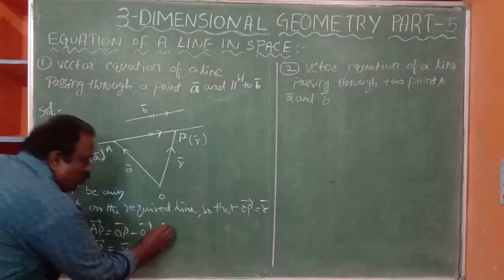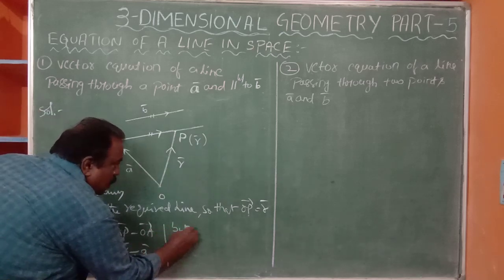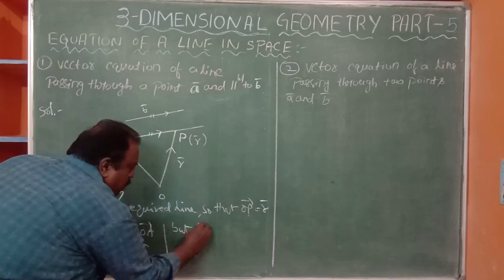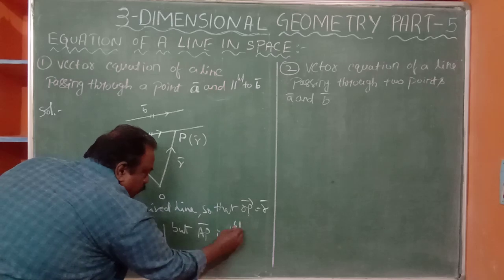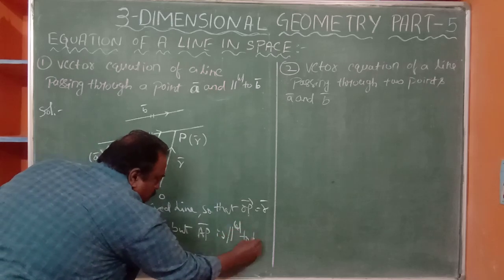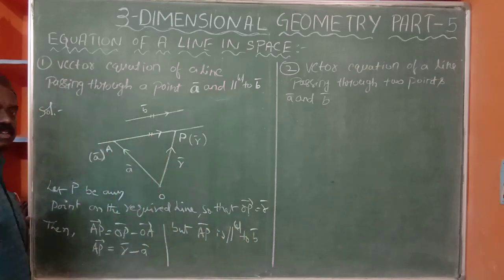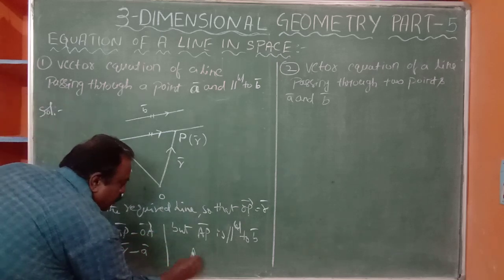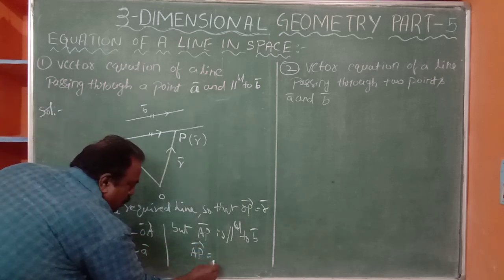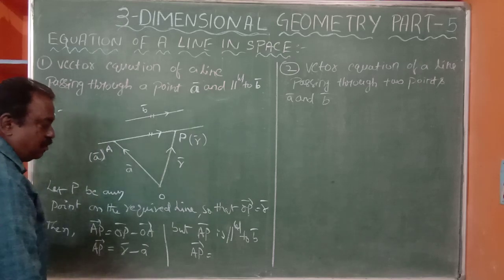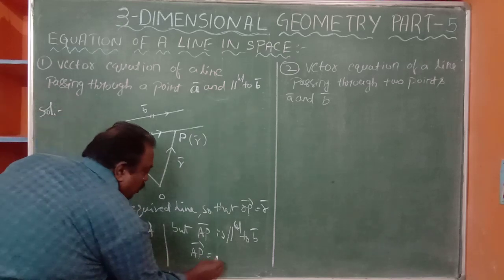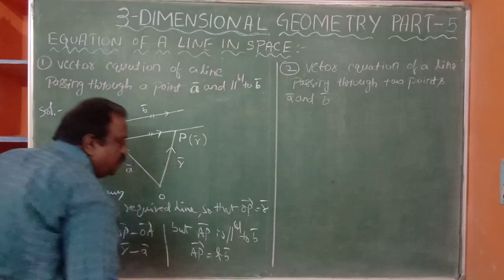But you see that AP bar is parallel to B bar. We are given in the statement. That means AP bar is equal to TB bar. Will you agree?